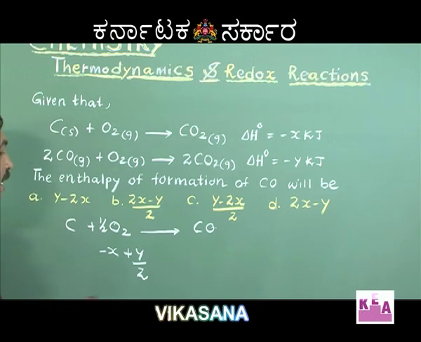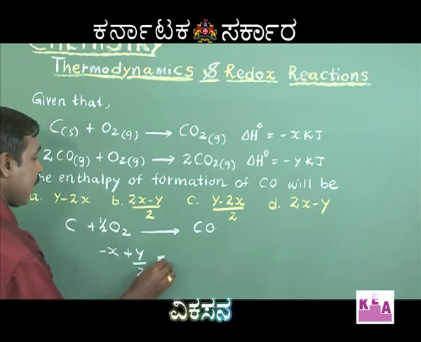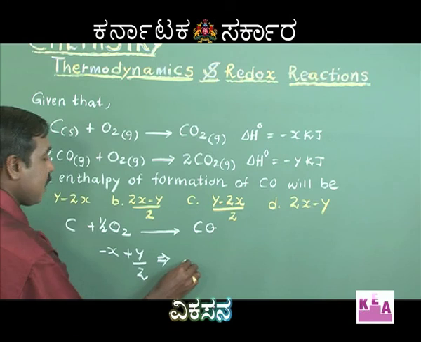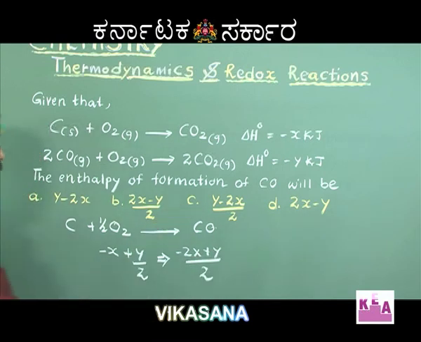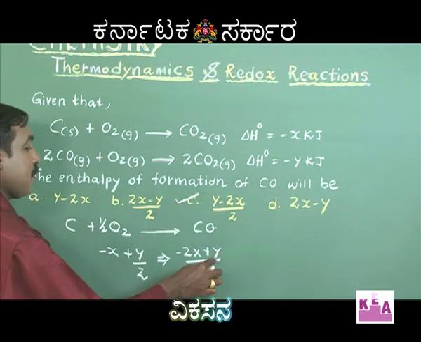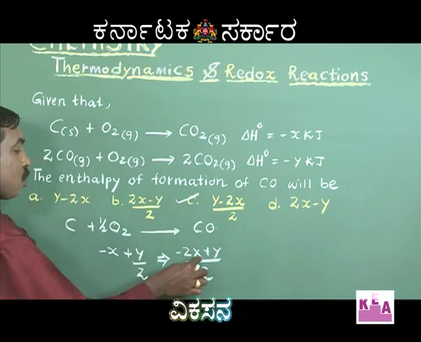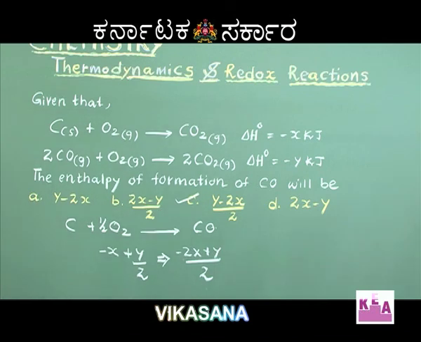Therefore, the right answer, taking LCM 2, is minus 2x plus y over 2. In this, option C is the right option: plus y minus 2x, over 2.